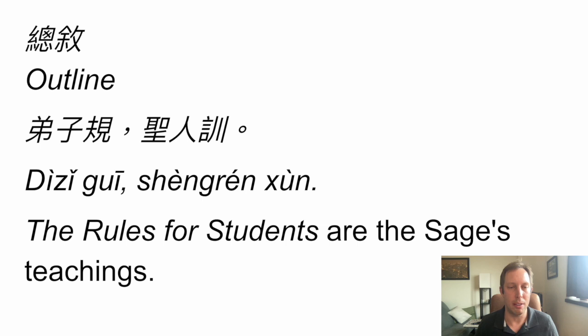A lot of times you have a phrase where the first part is the head, the topic, and the second part is the comment on that topic. So in this case, 弟子规 is the topic, and then what about it? 圣人训, it is the sage's teachings. So "it is" or "are" is implied here. Okay.